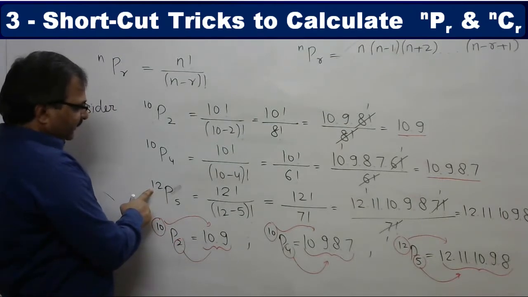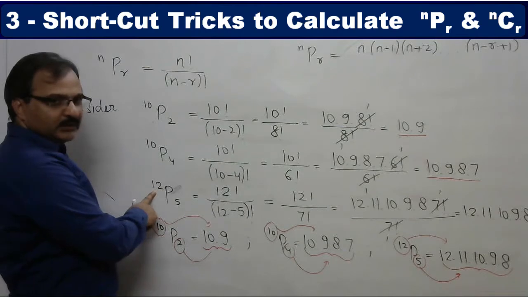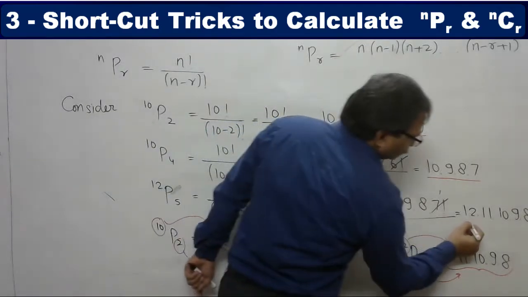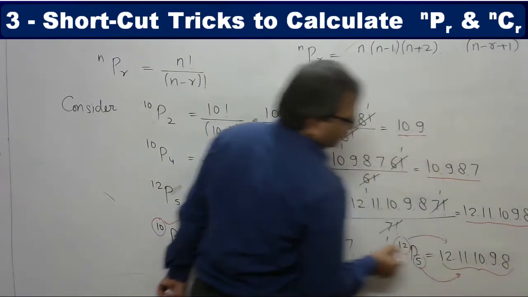Again, in the third example, we have to find 12P5. So we will start at 12 in decreasing order, and we will find the product of 5 natural numbers. So 12 into 11 into 10 into 9 into 8.